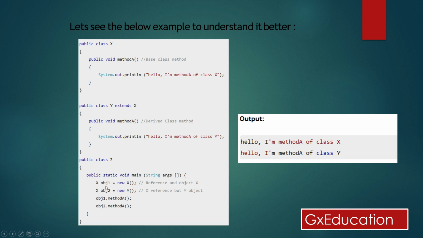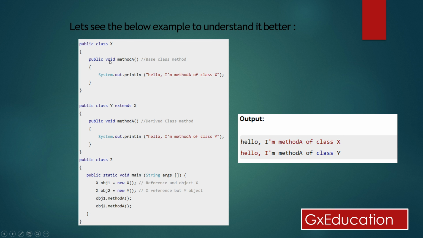Here we use X object1 equal to new X and X object2 equal to new Y, then object1 dot method A and object2 dot method A. Here is the close, and the output will be this.